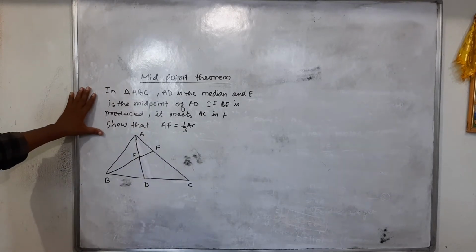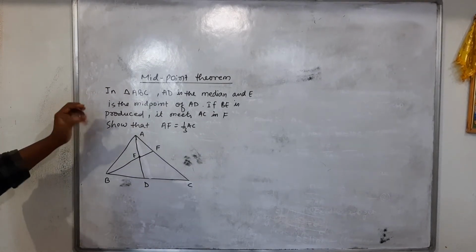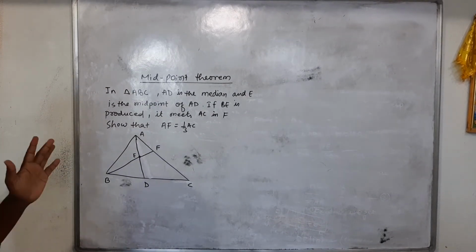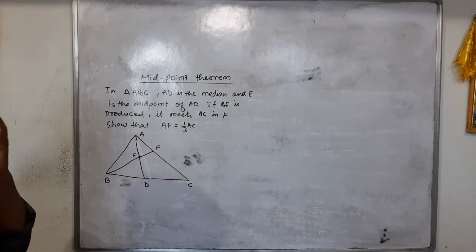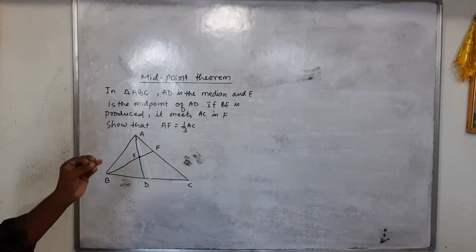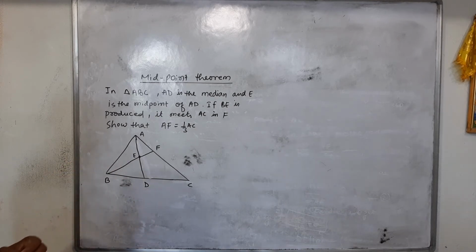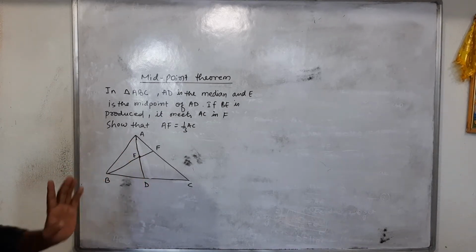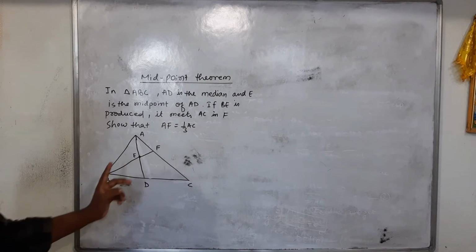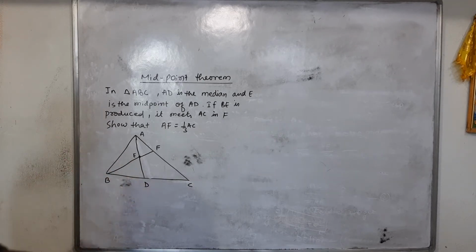See, we have the next theorem or question. In triangle ABC, AD is the median and E is the midpoint of AD.